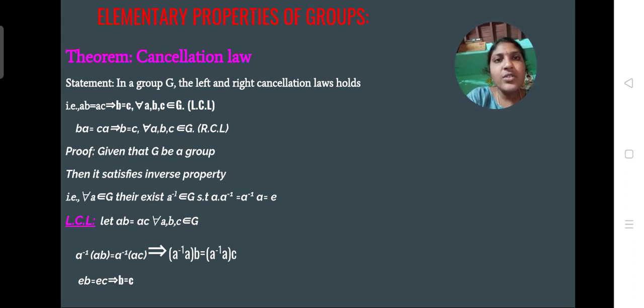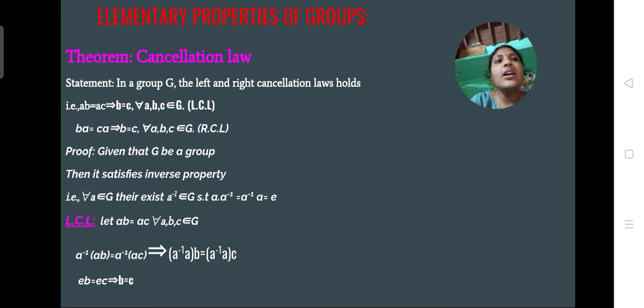So first we have to prove the left cancellation law. In that, let ab = ac. Now we have to prove that b = c. Already it is given in the statement: ab = ac implies b = c. So let ab = ac. Now we have to prove that b = c. For that we multiply by a inverse, the multiplicative inverse, on both sides, on the left side.